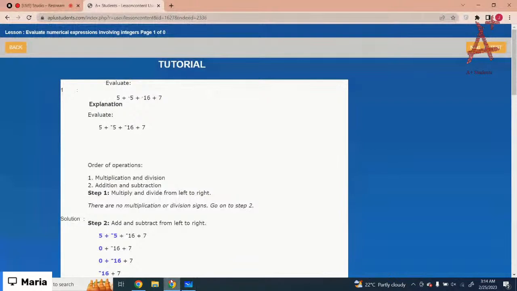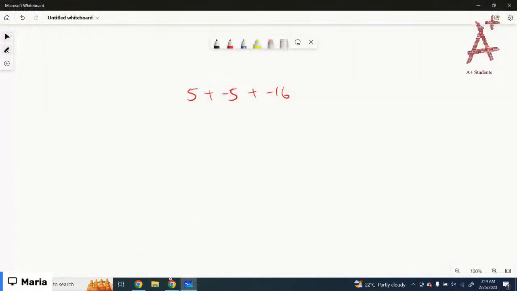You have to start from left to right, so start with anything on the left side first. Adding a negative integer is the same as subtracting.